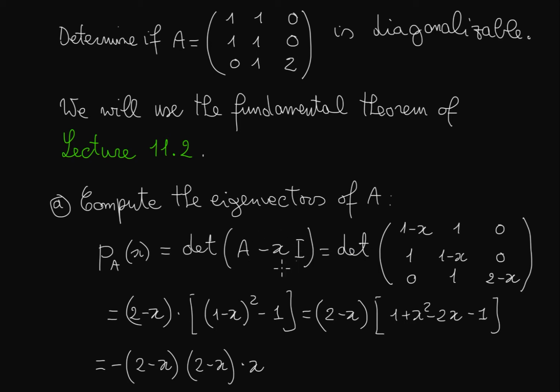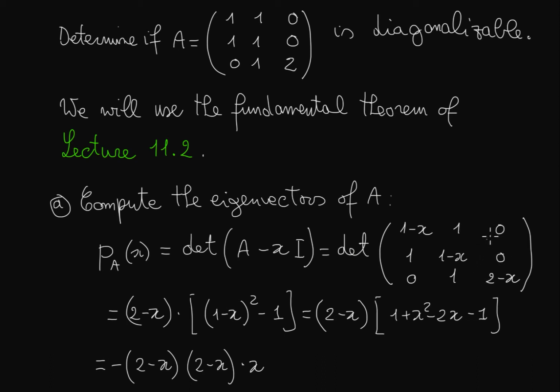Therefore, this matrix can be obtained by just subtracting x from each entry in the main diagonal. It is the same matrix as A, except that we subtract x from the elements in the diagonal. Now we have to expand this determinant, and we see that the third column starts with 0 and 0. So there are two zeros.